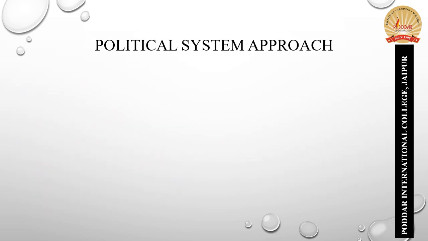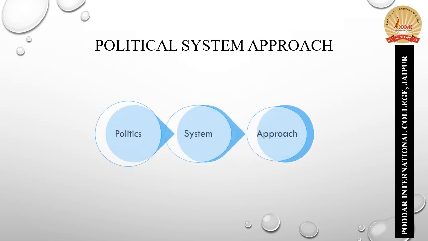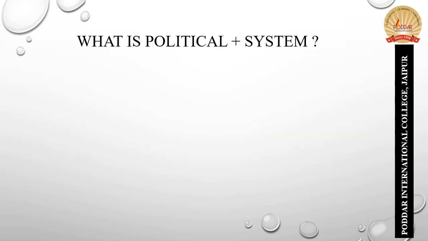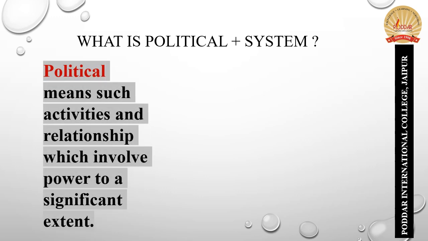The political system approach is a combination of three words: politics, system, and approach. Political means such activities and relationships which involve power to a significant extent.